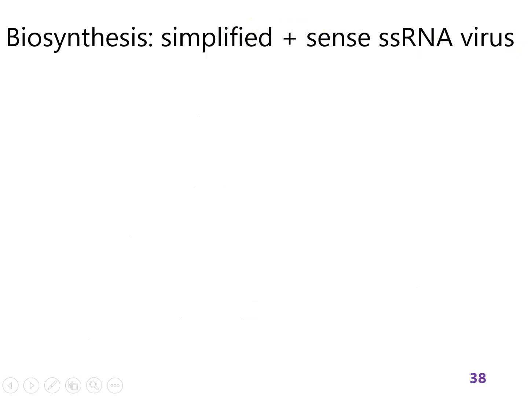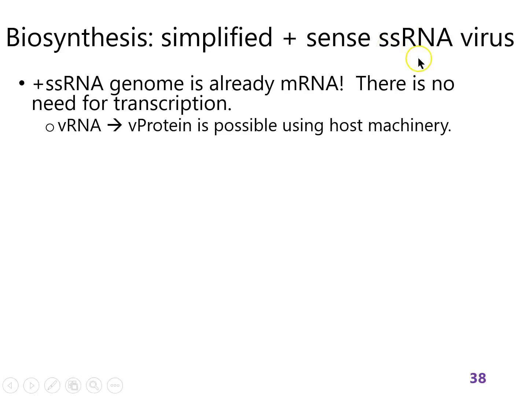The next one I want you to think about is a positive or coding sense single-stranded RNA virus. So the virion contains a positive sense RNA. And that positive sense RNA is messenger RNA. There's no need to transcribe it. Nothing has to happen.